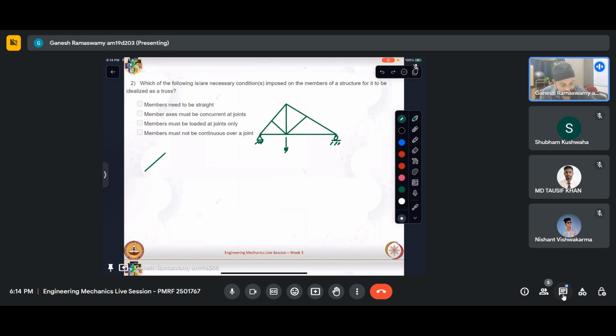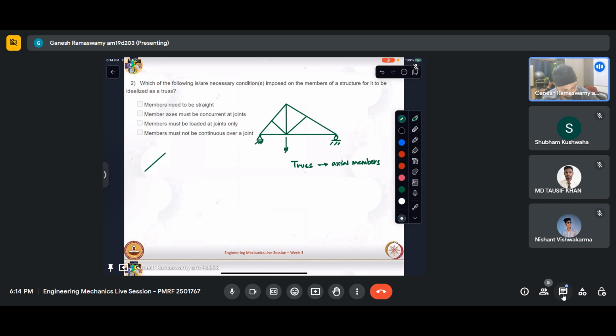Now we have noted that truss members need to be axial members, meaning forces are applied through the axis of the member. So for example, if I have a curved member like that, and then I apply a load, or first let me take this itself.